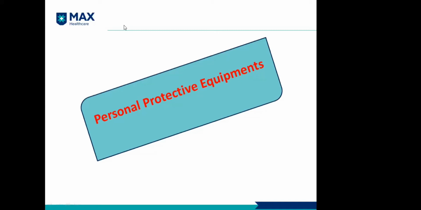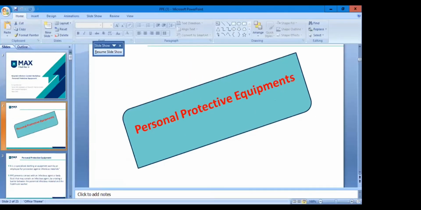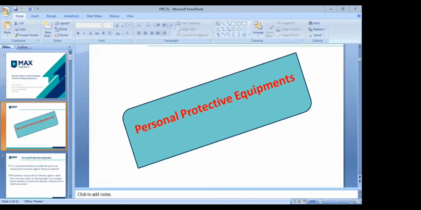Personal protective equipment is specialized clothing or equipment worn by an employee for protection against infectious material. It prevents contact with an infectious agent or body fluid that may contain an infectious agent by creating a barrier between the potential infectious material and healthcare workers.